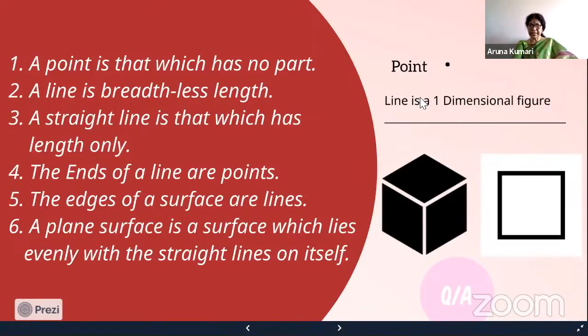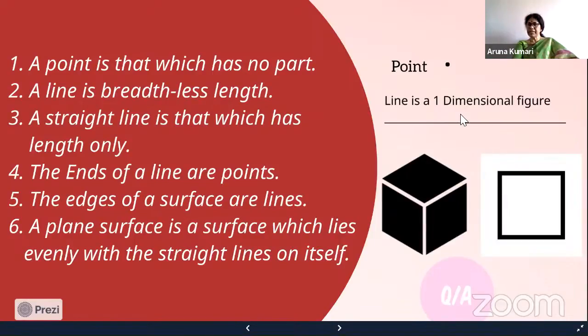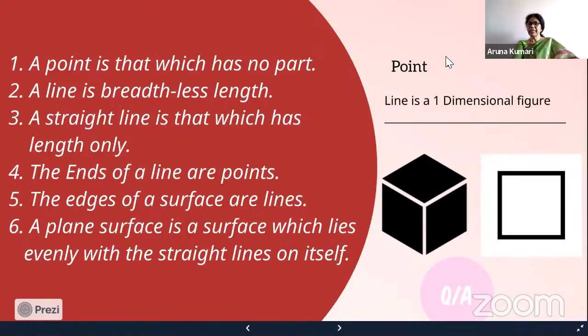Okay. Next, the 2-dimensional figure comes from the 3-dimensional figure. So first the 3-dimensional figure, from that a 2-dimensional figure will come. From this 2-dimensional figure, you will get a 1-dimensional figure, that is a line, and from that line you will get a point.